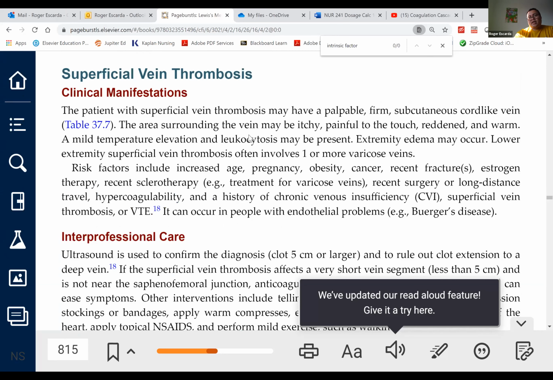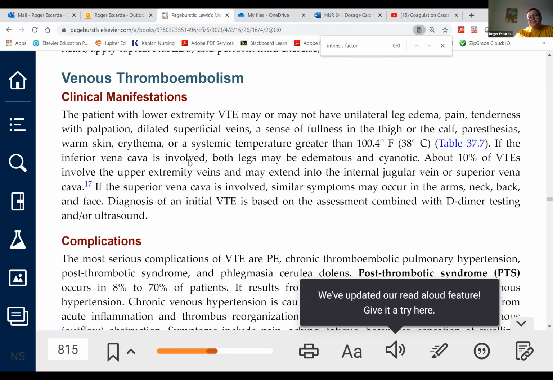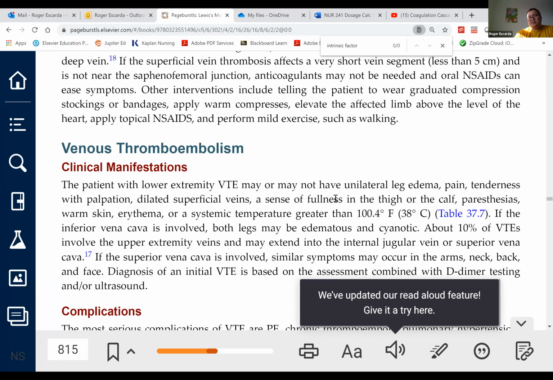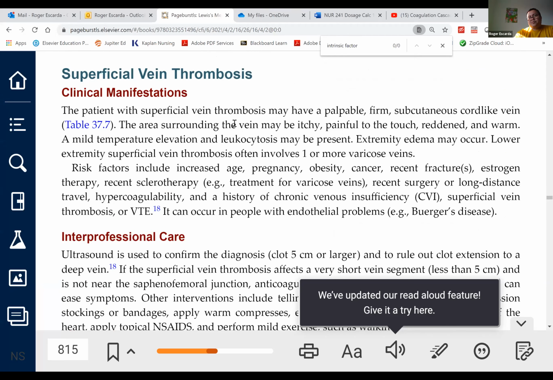There are 2 types of DVT. DVT, VTE, these are just different terms. DVT is deep vein thrombosis. VTE is venous thromboembolism. Means the same thing. Superficial vein thrombosis, as opposed to deep venous thrombosis, doesn't mean that superficial is less risky.